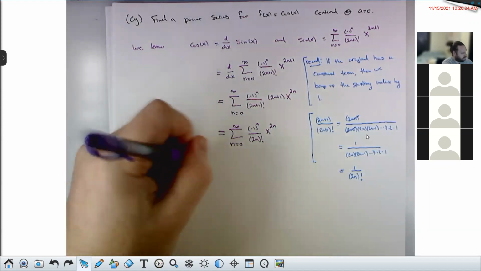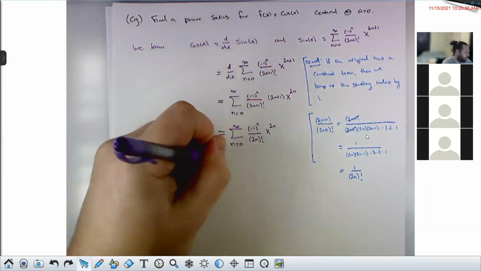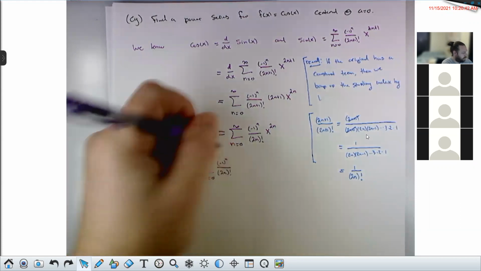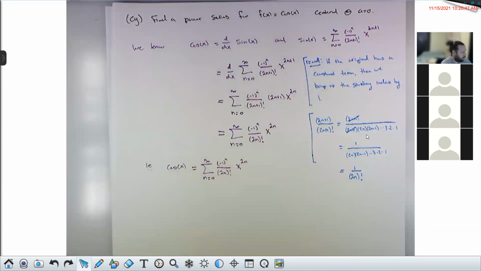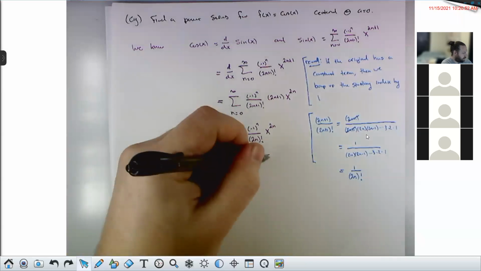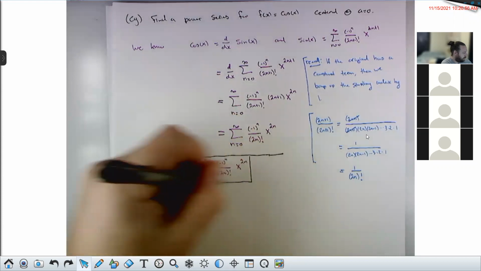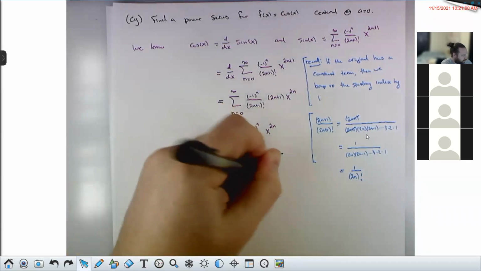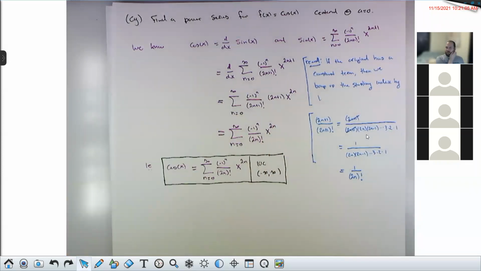And the interval of convergence here, like the others so far today, is all real numbers. Those factorials downstairs really help these series to converge.